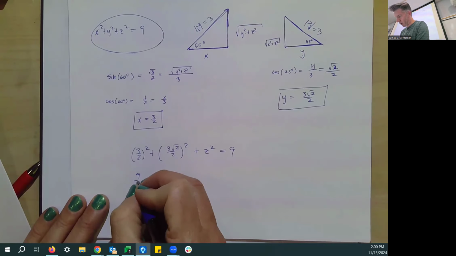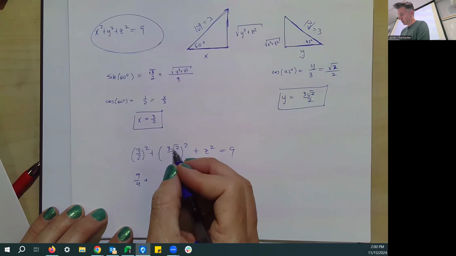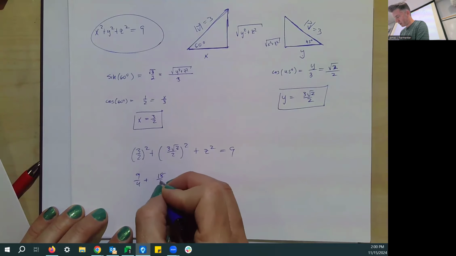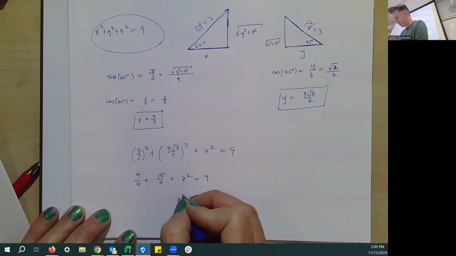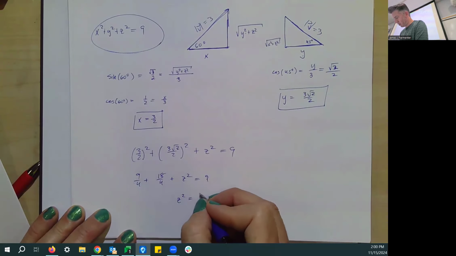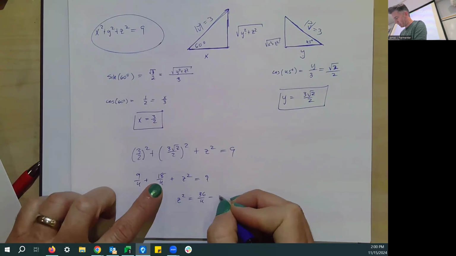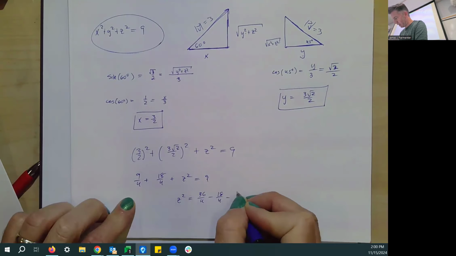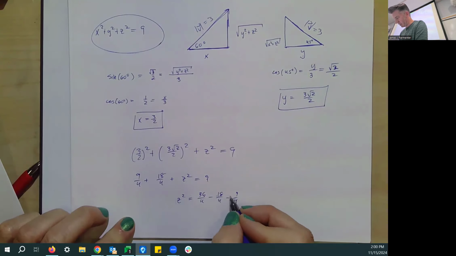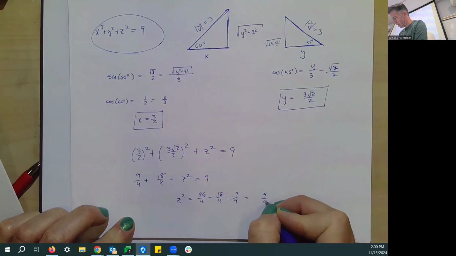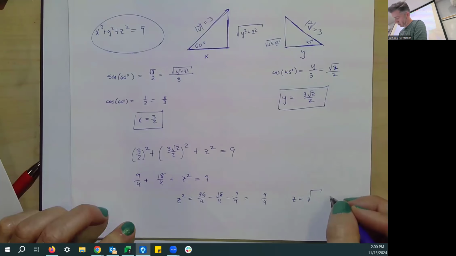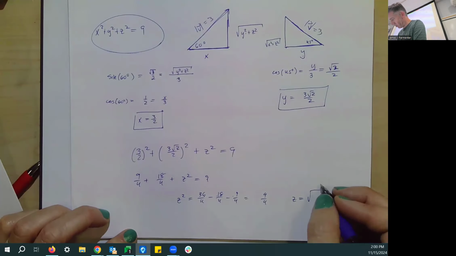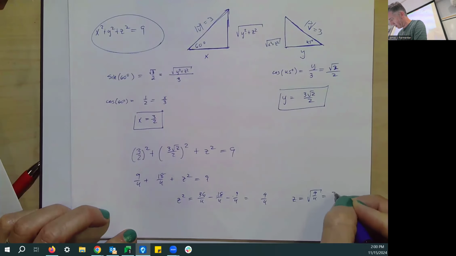Then 9/4 plus 18/4 plus z squared equals 9. So z squared equals 36/4 minus 18/4 minus 9/4, which is 9/4. So z is going to be the square root of 9/4, which is 3/2.